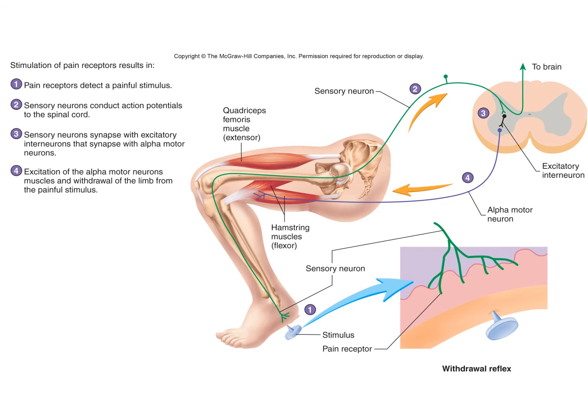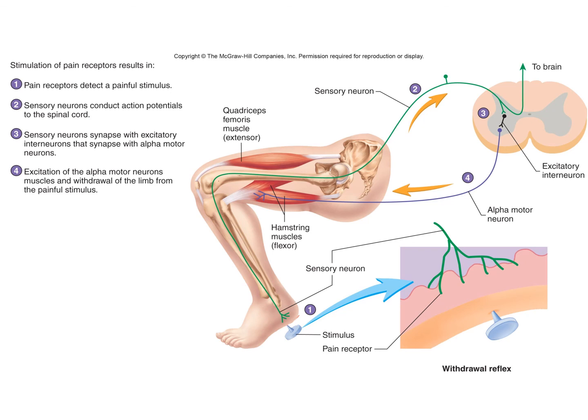Another very common example of a reflex is a withdrawal reflex. This would happen when you receive a painful stimulus. So in this example, the person has stepped on a tack, stimulated pain receptors in the skin of the foot.